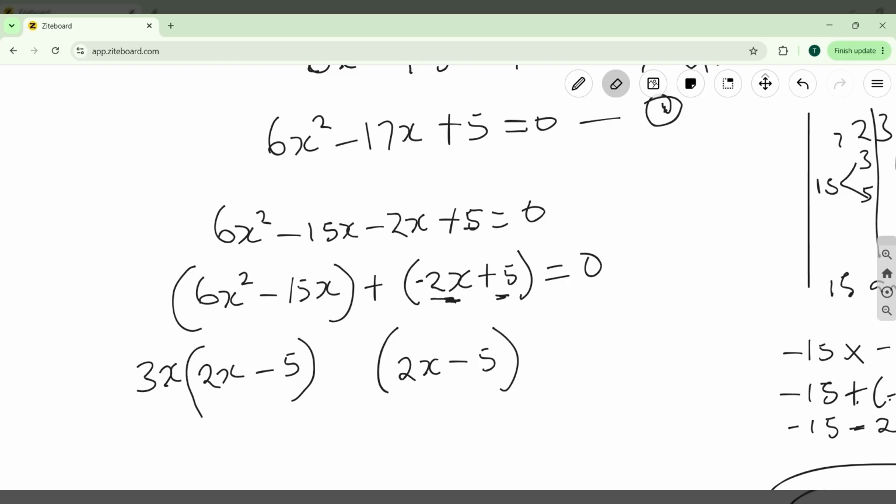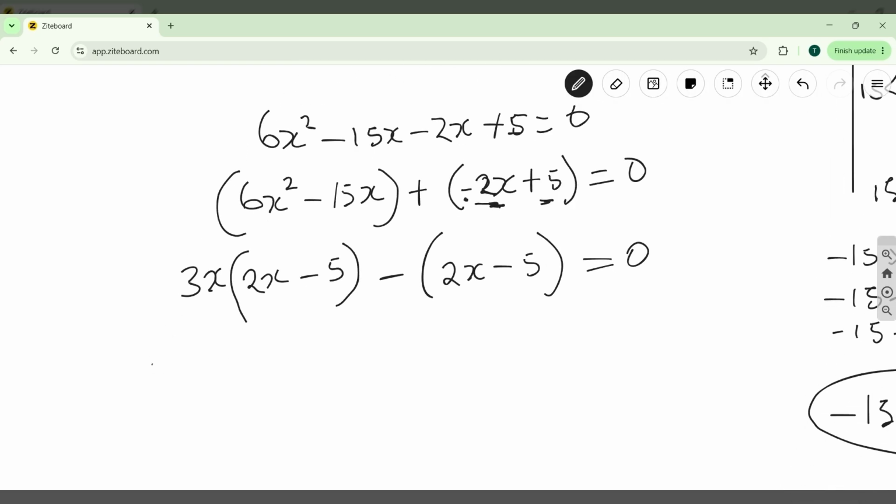So what I just did here, I just multiplied this to eliminate this negative sign. To eliminate the negative sign in here, I'll just multiply through here by minus 1. But I don't need to write the 1 outside. I just leave the 1 there. You already know what's there. So this is equal to 0. This means 3x minus 1, 2x minus 5 is equal to 0.